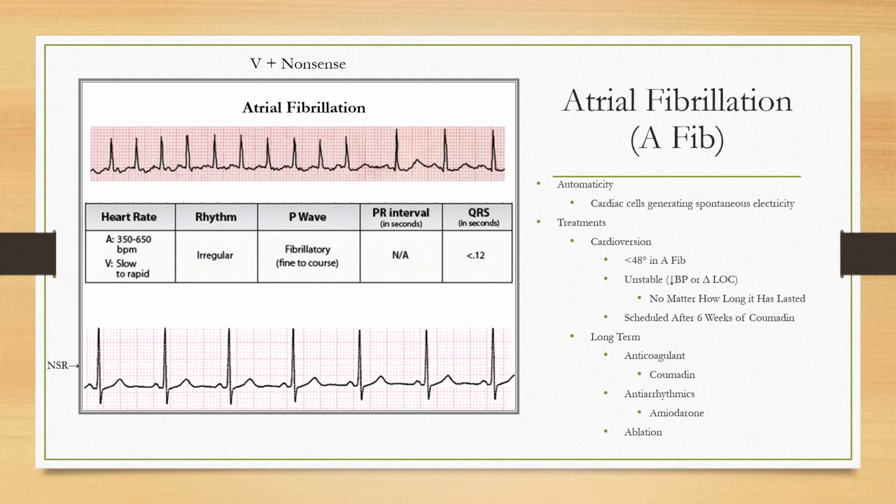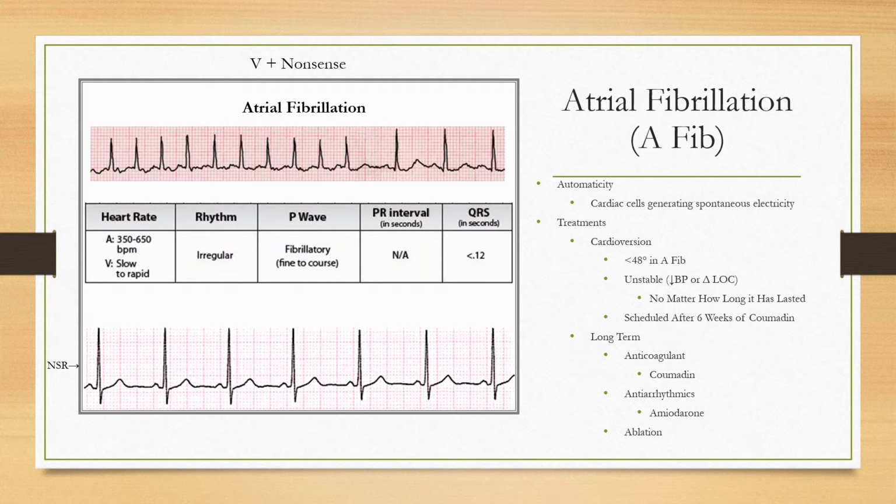Okay? So what can we do about this rhythm? Well, a lot of people don't feel great in atrial fibrillation. The atria aren't contracting like they normally do, and they can feel that their heart rate's irregular. So they don't feel great in it, so we can try and get them out of this rhythm.